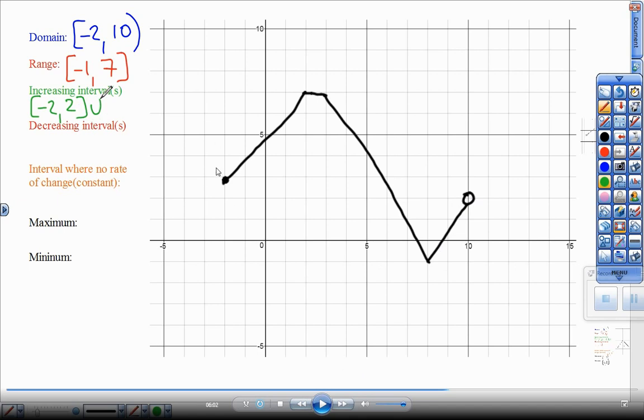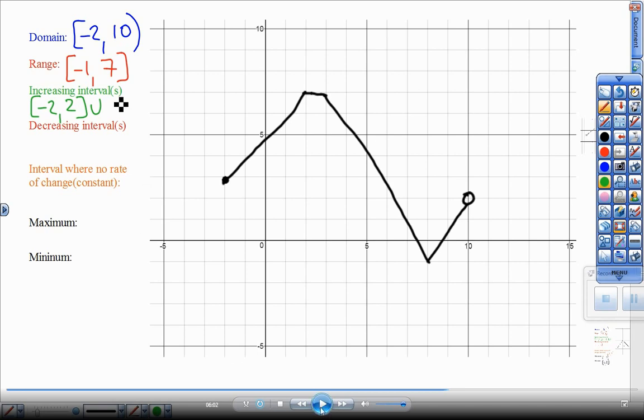So again, domain, left to right, closed bracket if it's a closed circle, open, rounded bracket if it's an open circle, looking at the x-axis numbers. Range, bottom to top, looking at my y-axis numbers. Square bracket if it's closed, only rounded bracket if this would have been open, or those infinity ones coming tomorrow.